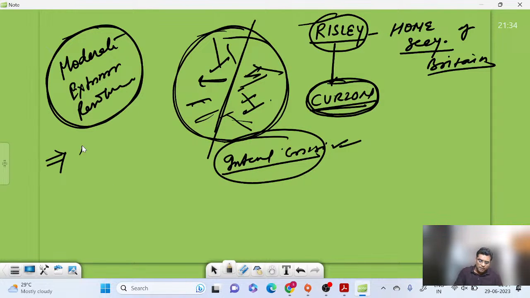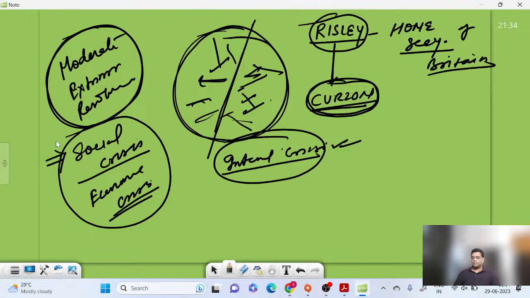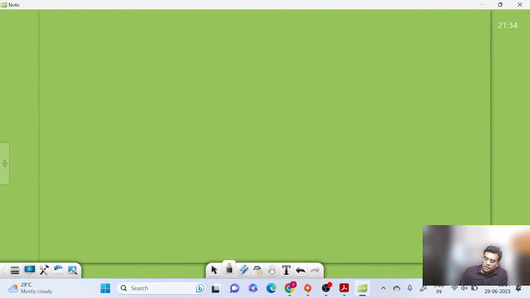there should be many social crises and economic crisis. So Bengal united is a power and Bengal divided will pull Bengal in several different ways. So many social and economic crises means there will be the issue of communalism.